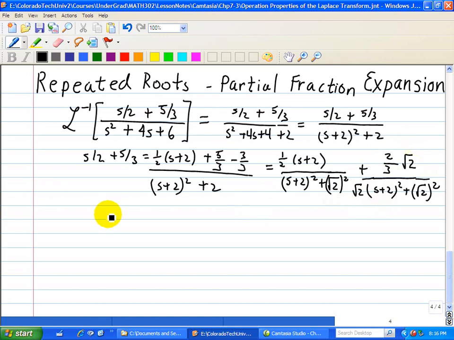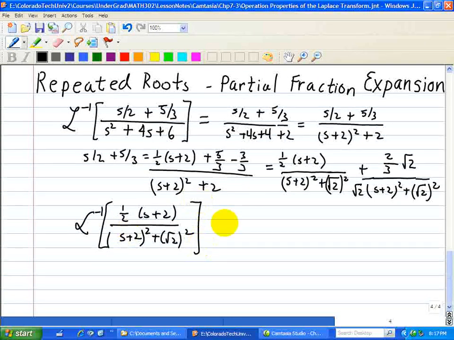So now we can rewrite this as the inverse Laplace transform of this expression, s plus 2 over (s plus 2) squared plus square root of 2 squared. This is now in the proper form, and we're using the linearity property, so we're treating each term separately.